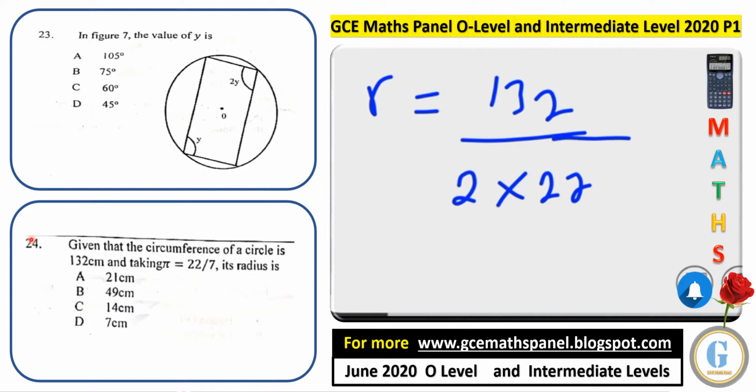Since it is over 7, I have to send the 7 up. So when we simplify this, it will give us a value of 21 centimeters. So our key is A. So we have A as our answer.